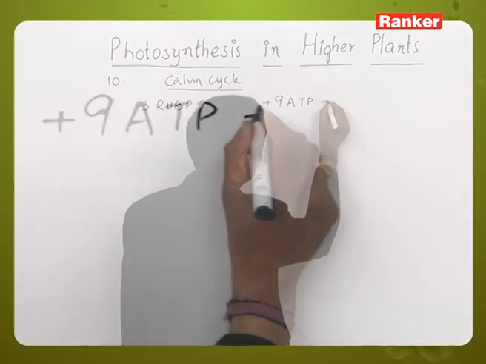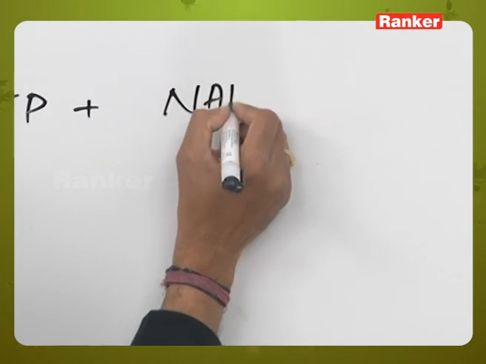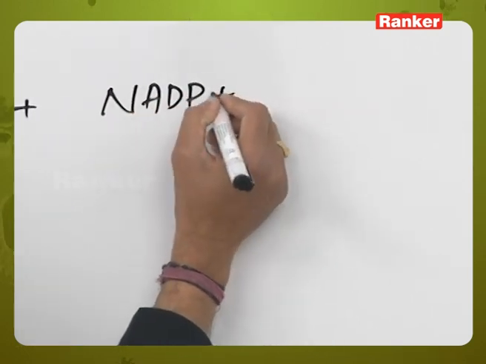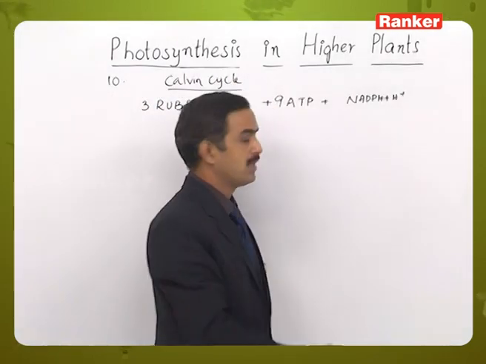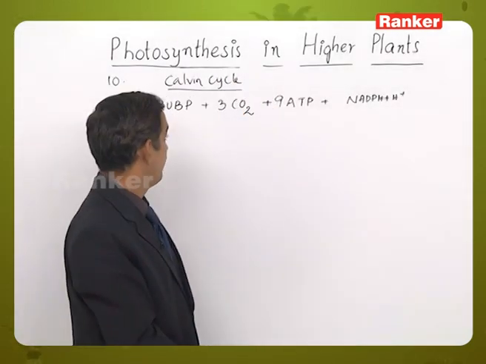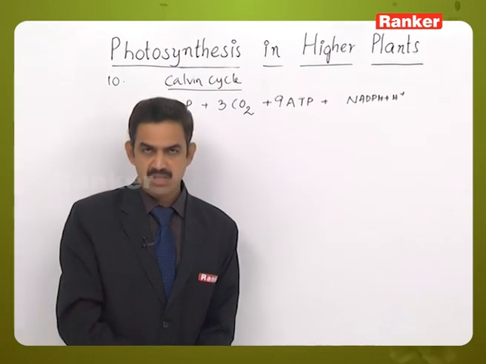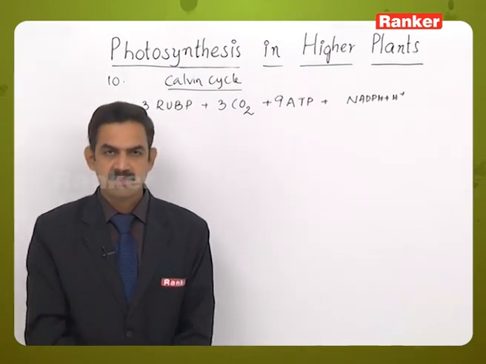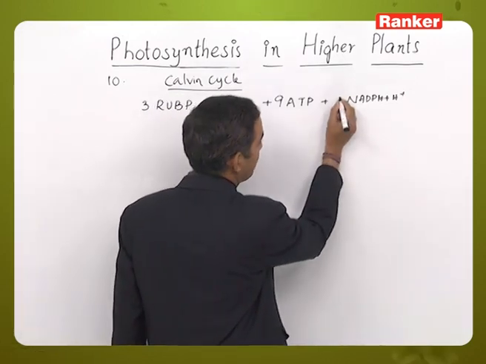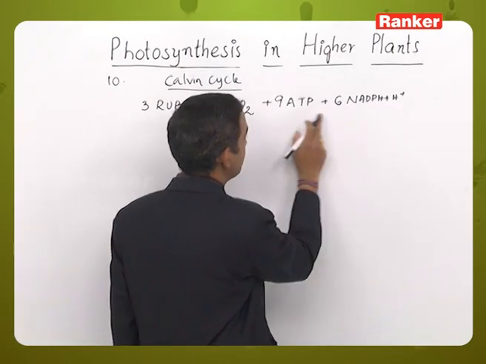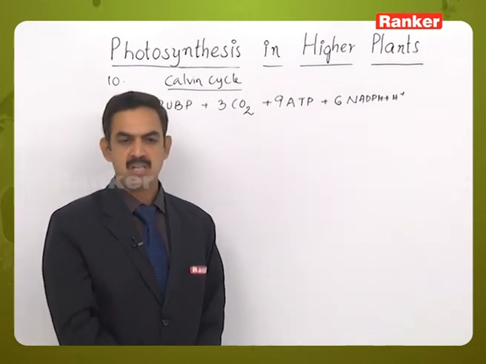And here apart from this, NADPH plus H plus are also being used. So for one carboxylation, or when one carbon dioxide is accepted by one RuBP molecule, 2 NADPH are utilized. So that means for 3 compounds, 6 NADPH plus H plus are utilized.